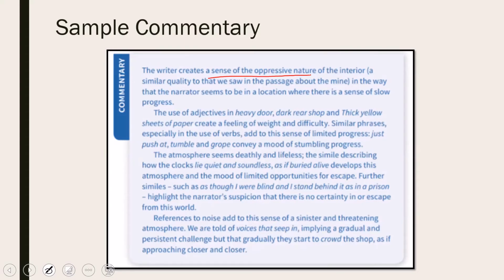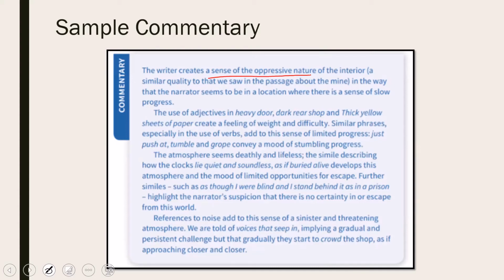For example, we create an environment of so-and-so, we create a sense of fear in the writing. You must have read about it in the IGCSE course as well. We were creating senses in the writing paper: sense of fear, sense of jealousy, sense of so-and-so. So here the writer is creating a sense of oppressive nature.